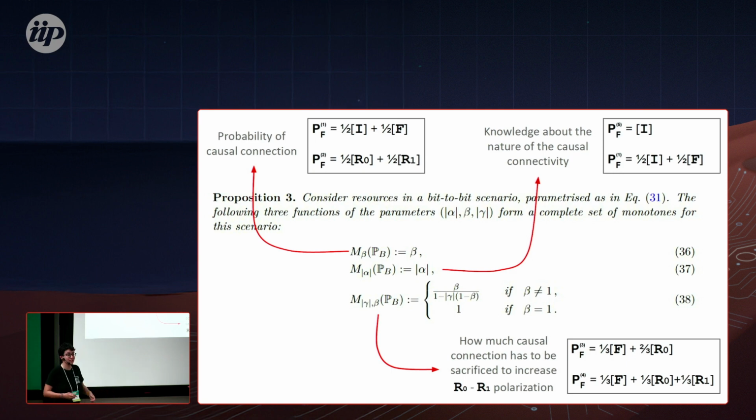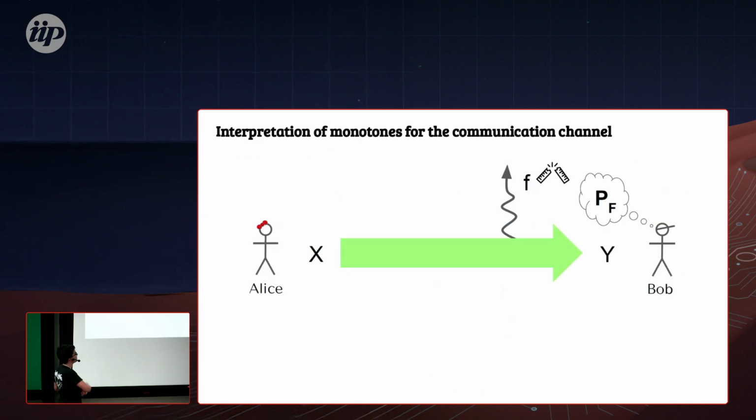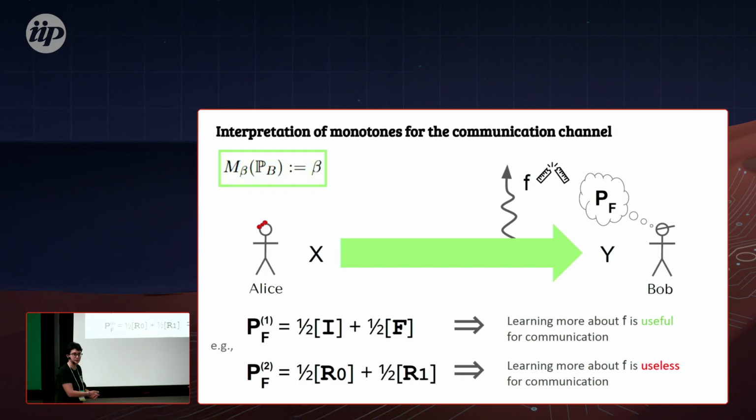Now let me give you another interpretation of those monotones back in that communication story that I told you. So the beta, we already saw the interpretation of that. If I look at this example, for this one it is useful to learn more about F, for this one it is useless. So in this story, this guy is more valuable than this guy.